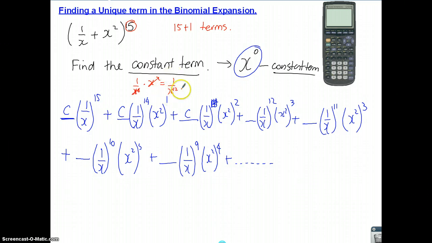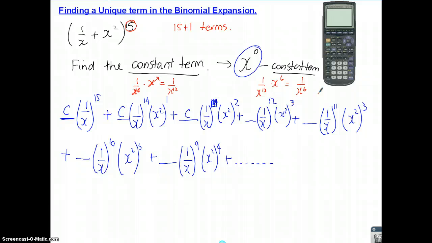Definitely not a constant term, definitely not an x to the 0. Come up here a little bit. We'll have here 1 over x to the 12 times, using exponent laws, x to the 6. Well, we've got 1 over x to the 6 there. Have a look: we've got the denominator here of x to the 12, here's denominator x to the 6. It looks like we're moving in the right direction.